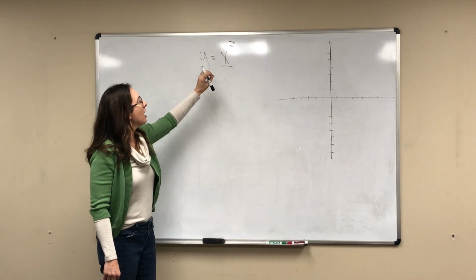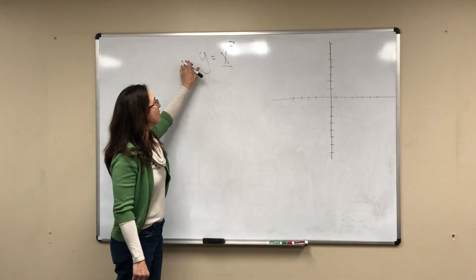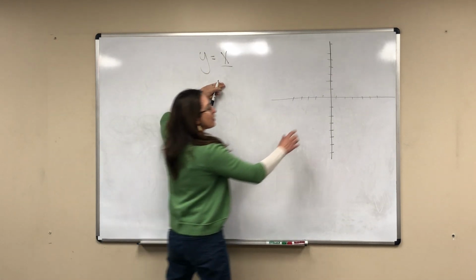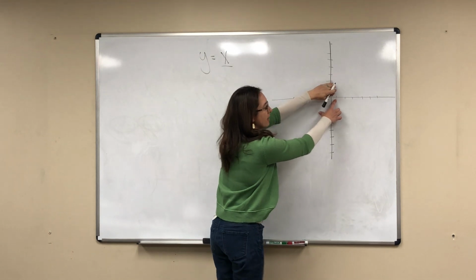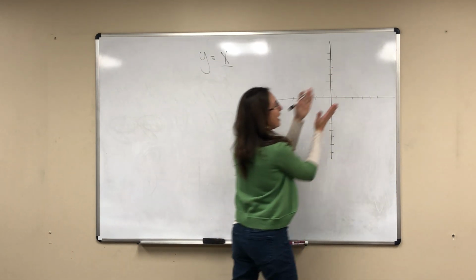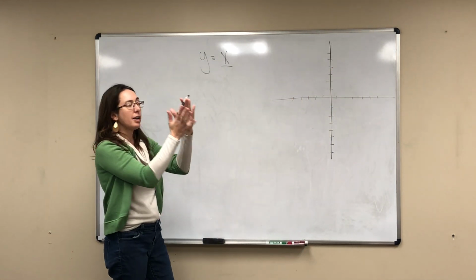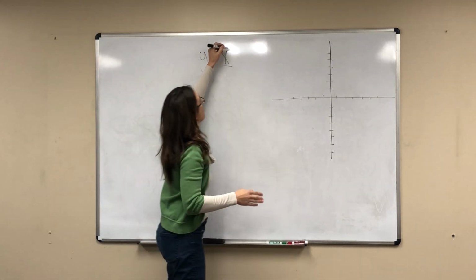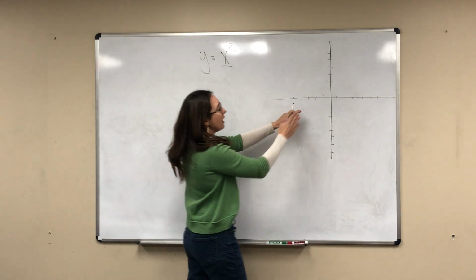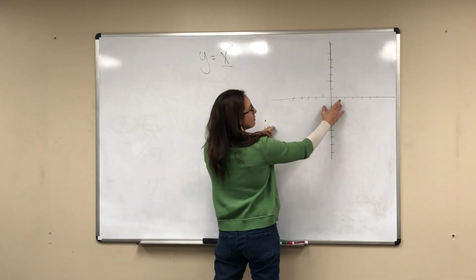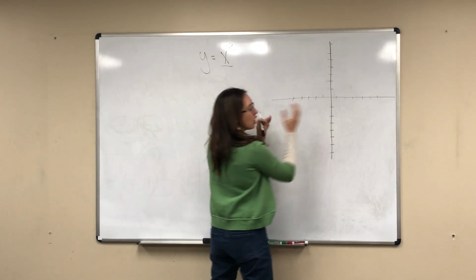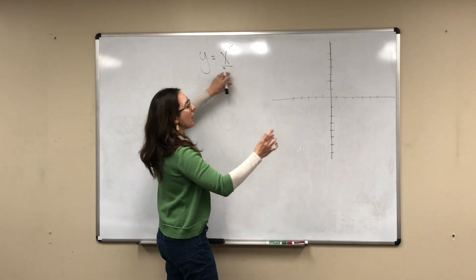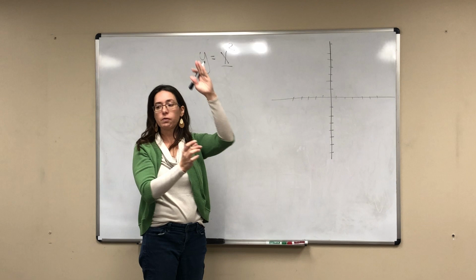Remember that when we were talking about y equals x, back to linear equations, for every x there's a y value, right? And it's equal each time. So every time we're moving up, we're keeping everything in a straight line. When we square it, one of our terms is going in little sections, but the other term is going at a curve.